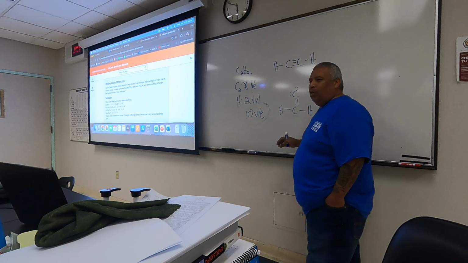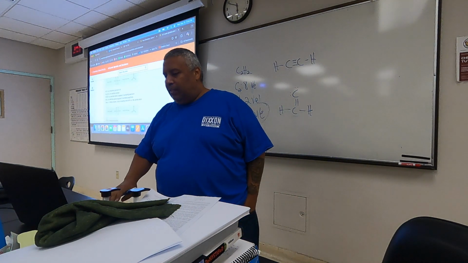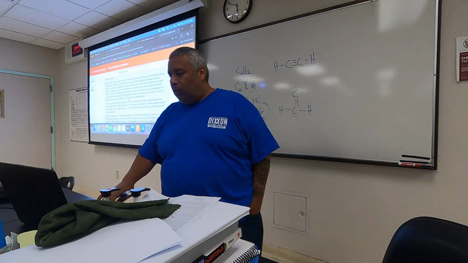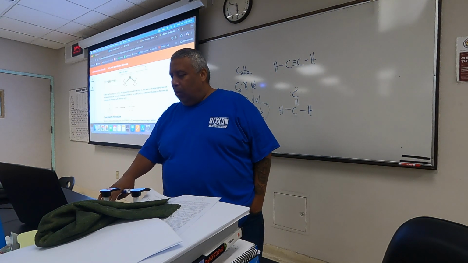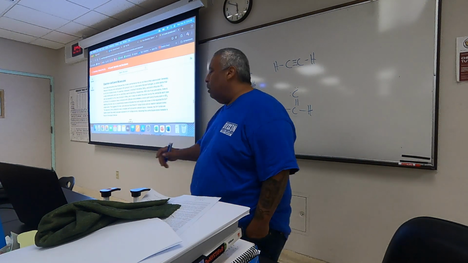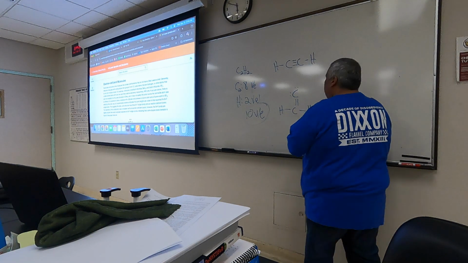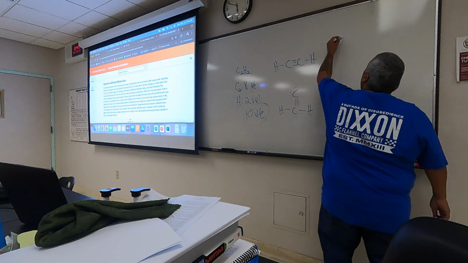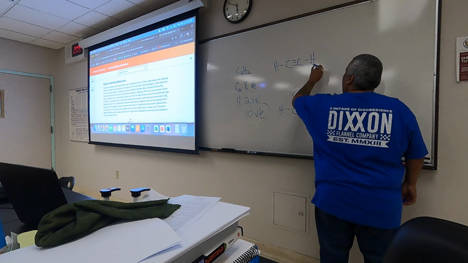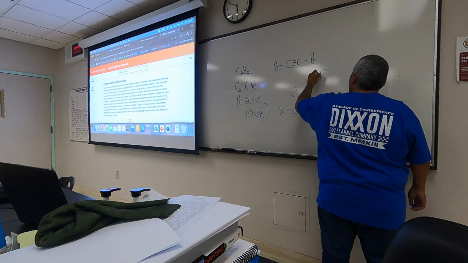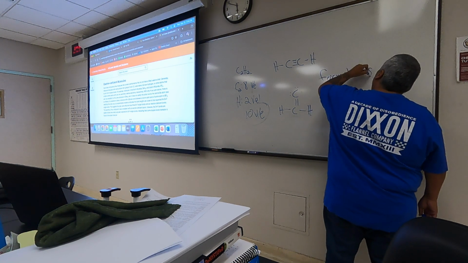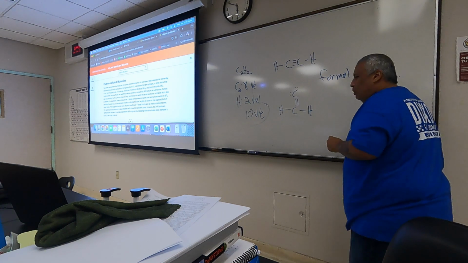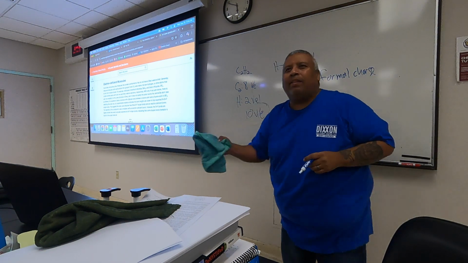How we determine the correct one is by something that we call formal charge. We'll take a look at those here. We'll come back to this, but there's something that we call formal charge. So each one of these atoms have what we consider a formal charge. The formal charge is a calculation that you need to make.